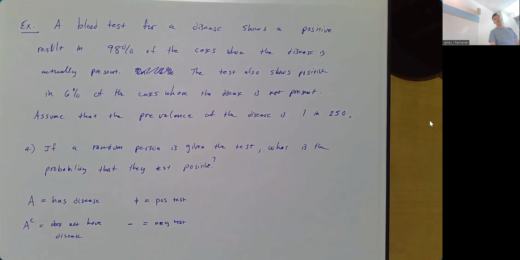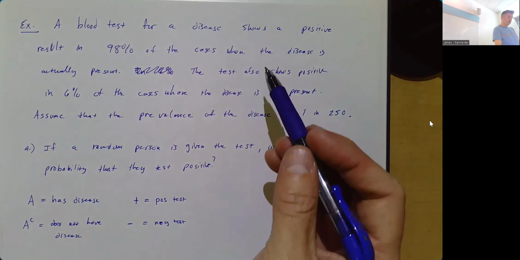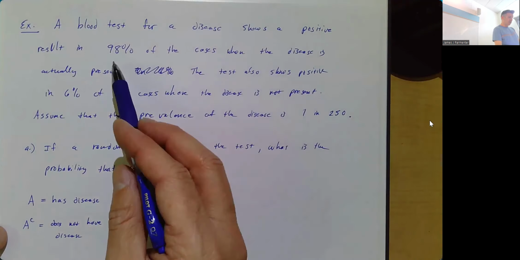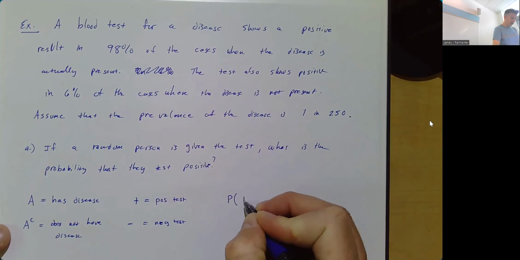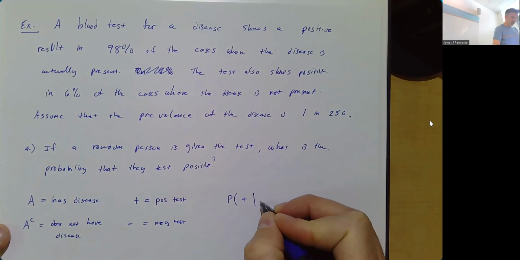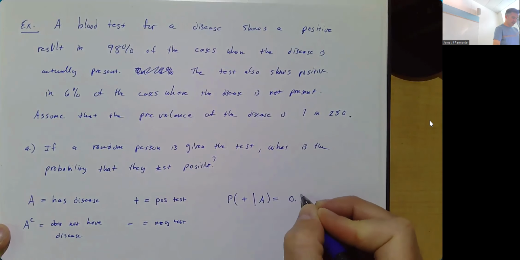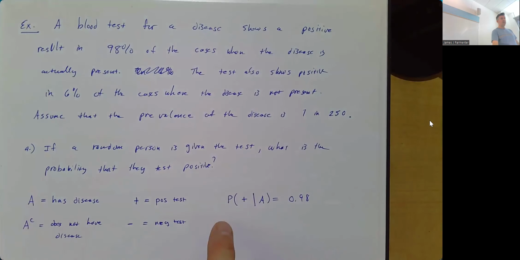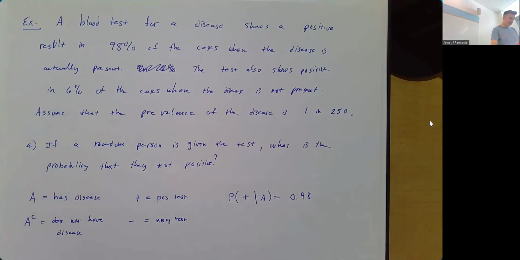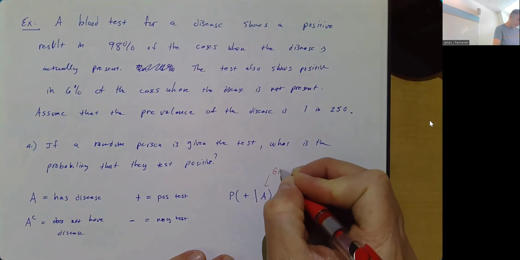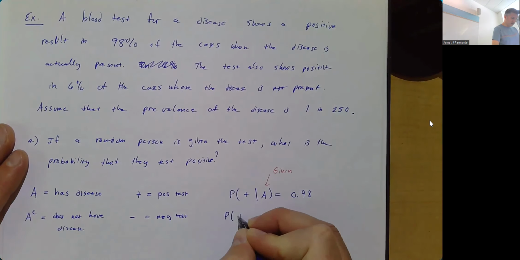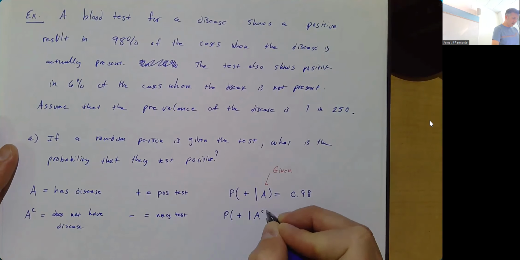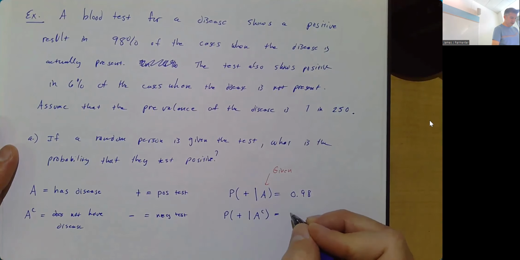And let's actually write down what we were told as well. We were told that given the person has the disease, there's a 98% chance of them testing positive. So the probability of a positive test, given that they have the disease, is 98%. Just so you make sure you're reading this correctly, the second thing is always the given piece of information. Similarly, the probability of a positive test, given that they do not have the disease, was 0.06.